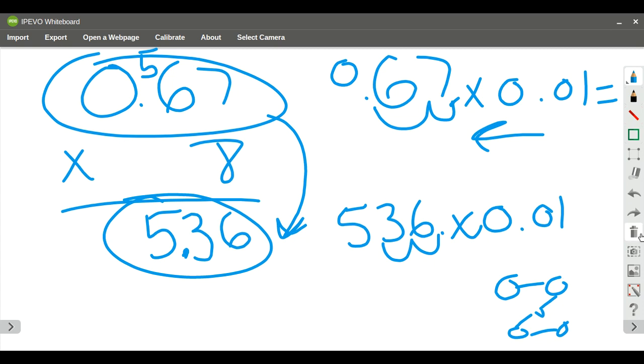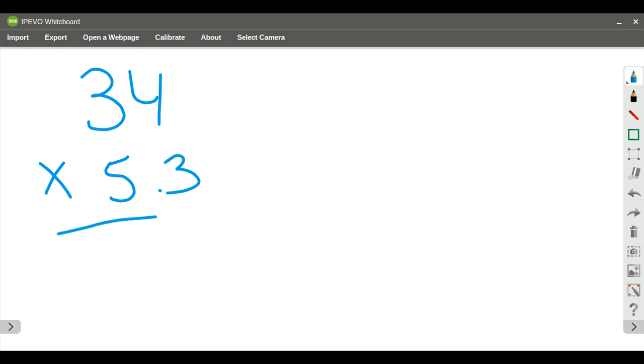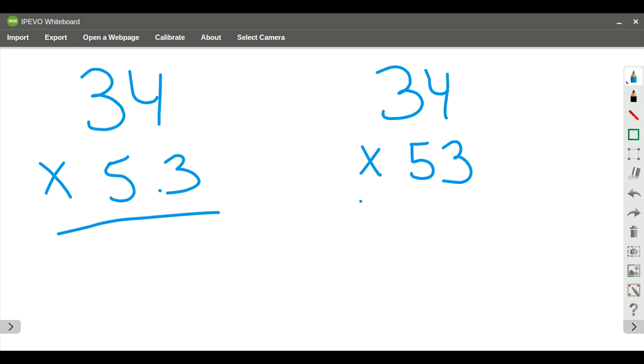Let's see if that pattern continues with our next problem. So I have 34 multiplied by 5.3. Now we talked about ignoring that decimal, so I'm going to rewrite this problem. I'm going to set it up a little bit differently. I'm going to treat it as a normal multiplication problem. So I have 34 multiplied by 53.